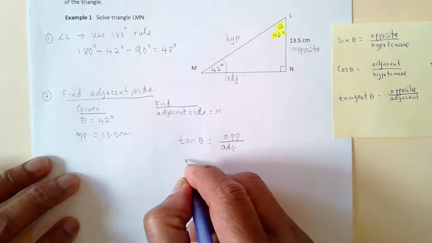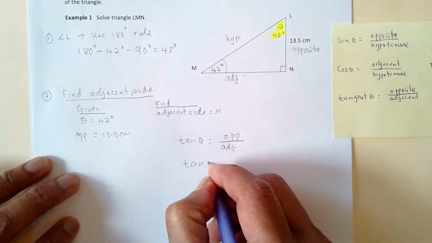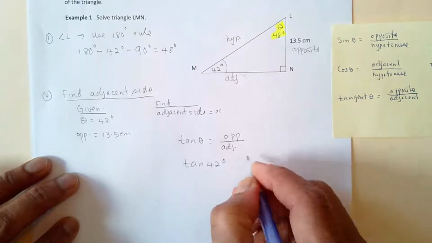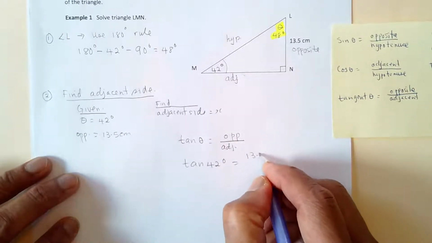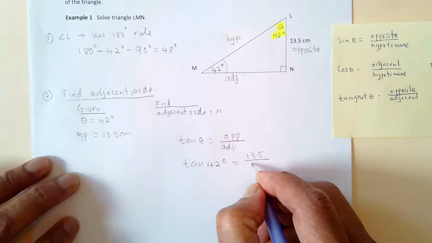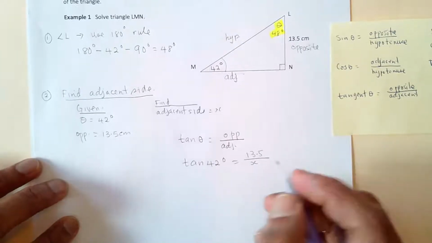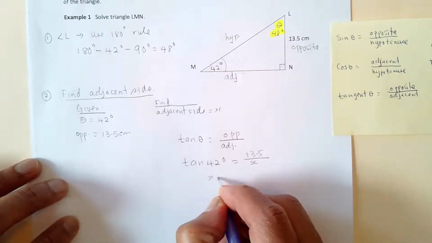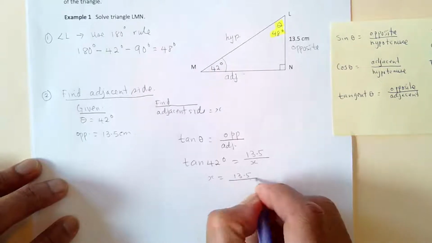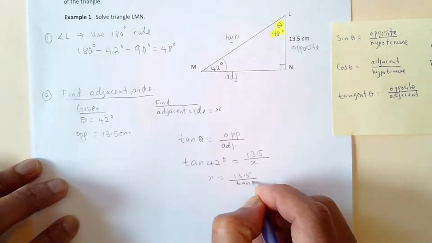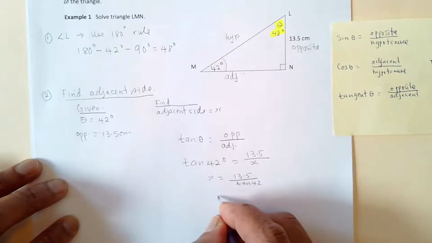So we have tan 42 degrees, opposite is 13.5 over x. So we have x is equal to 13.5 divided by tan 42.